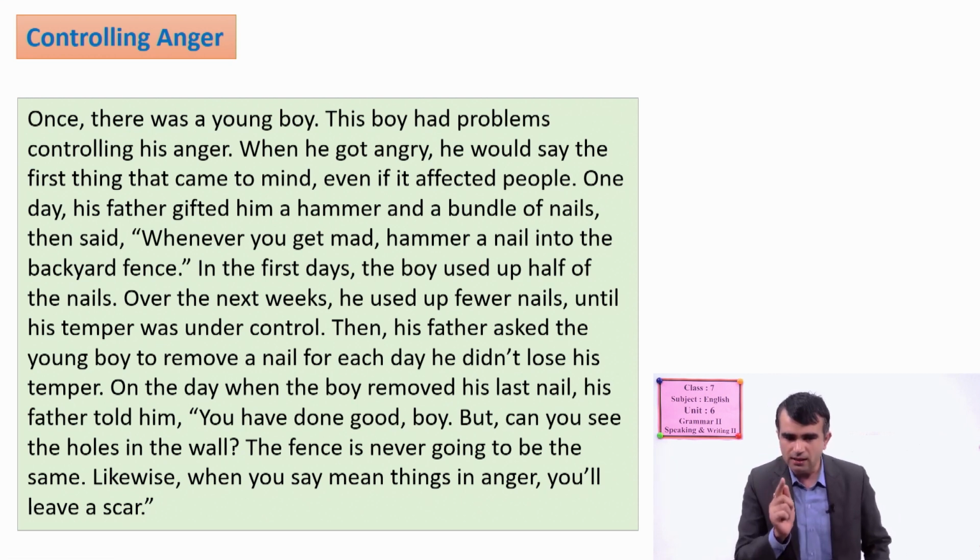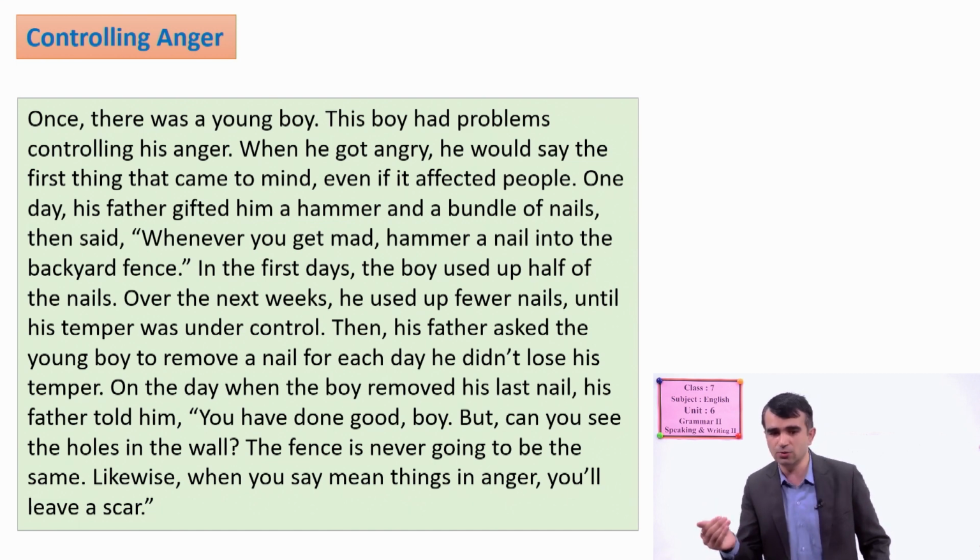In the first days, the boy used up half of the nails. Over the next week, he used up fewer nails until his temper was under control. Then his father asked the young boy to remove a nail for each day he didn't lose his temper.